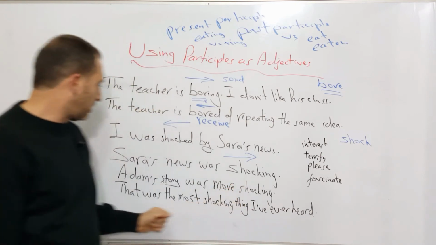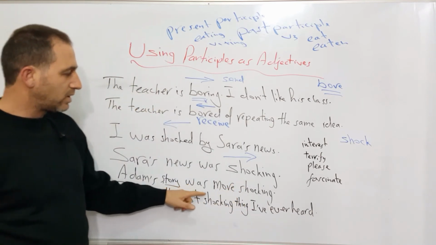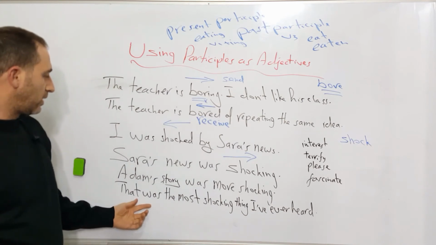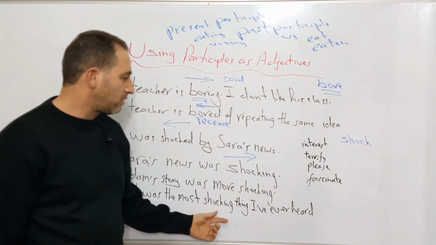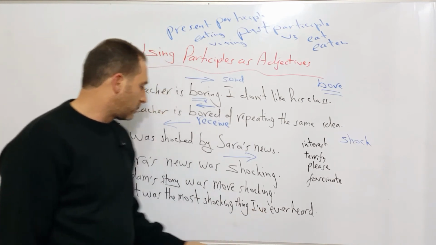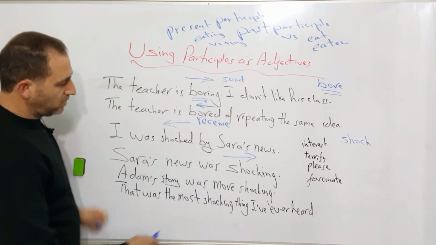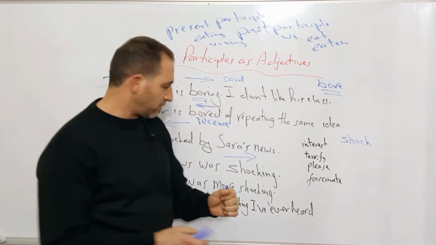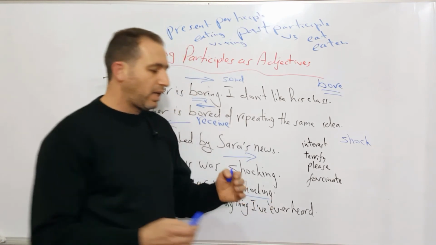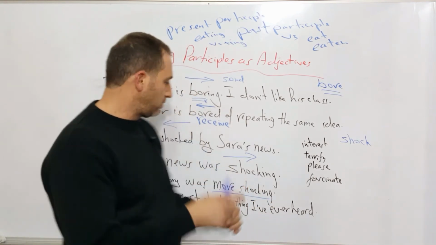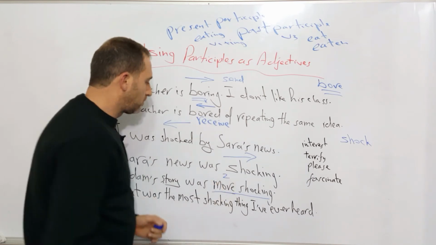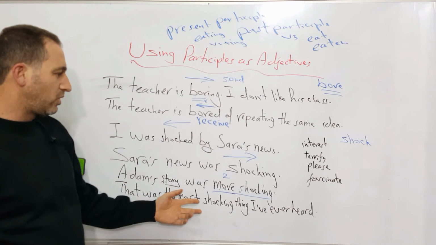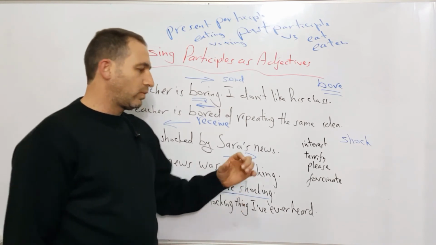So look at this again. Adam's story was more shocking. More shocking. And this one, that was the most shocking thing I've ever heard. The most shocking. So this is the comparative form of the adjective, more shocking, and here you're comparing to Adam.